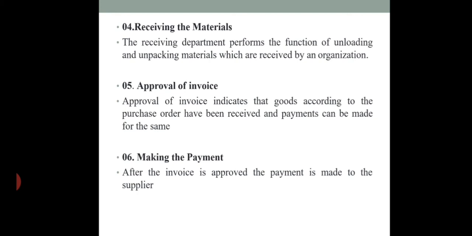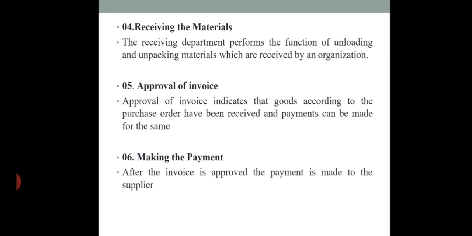In this, the materials ordered are supplied to the receiving department, which is required to unpack the goods and verify them with the help of a copy of the purchase order, the delivery challan received from the transport agency or the supplier, and the invoice bill. The verification result may be recorded in the material received report.